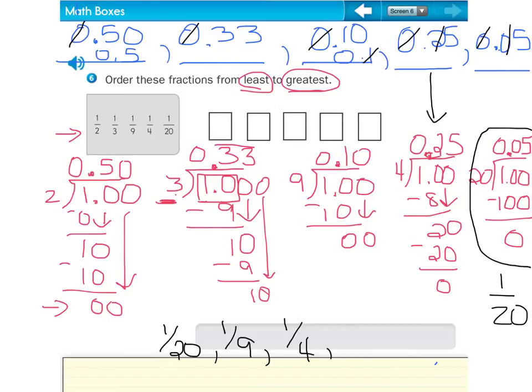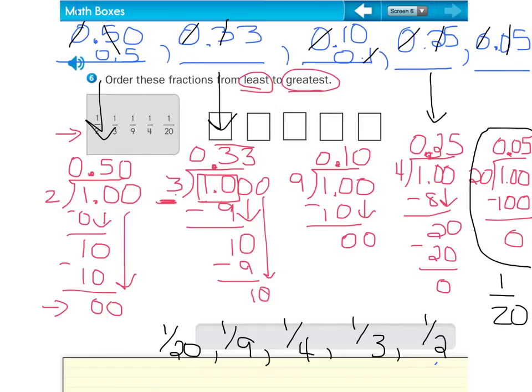After a 2 comes a 3. There's a 3 here, 1/3, and then finally the 5, which was, again, 1/2. So my fractions in order from the least to the greatest are going to be 1/20, 1/9, 1/4, 1/3, and 1/2.